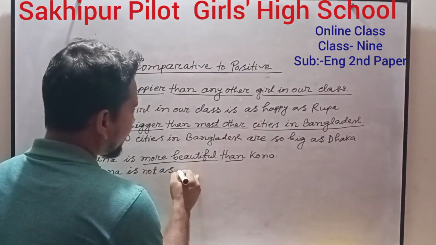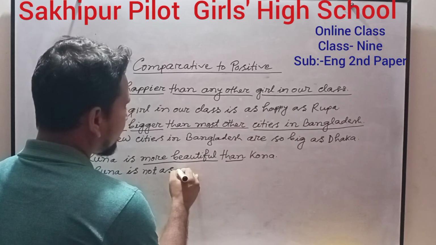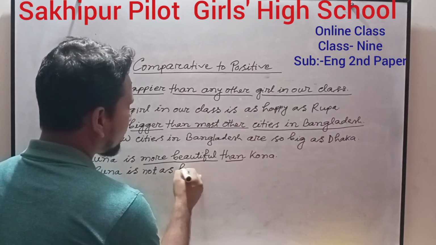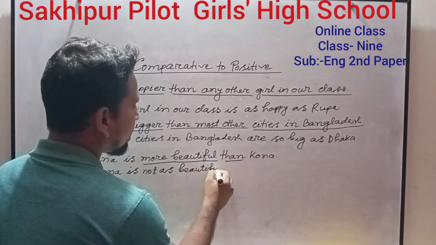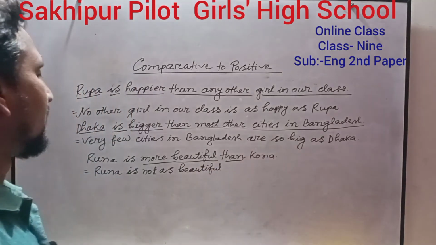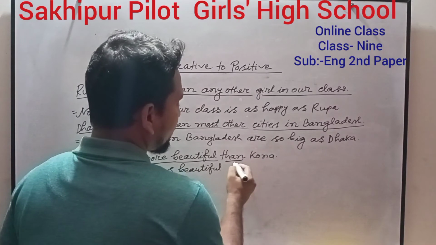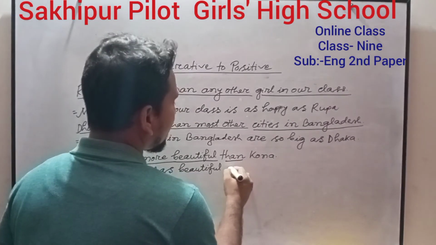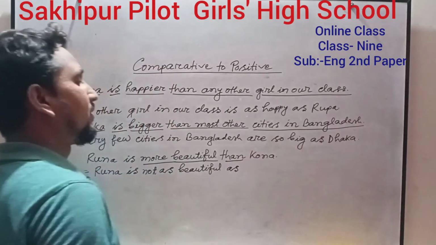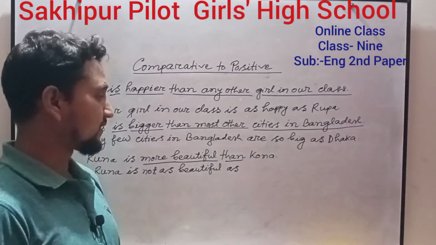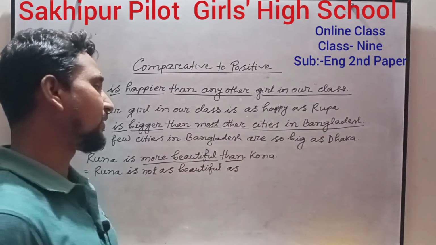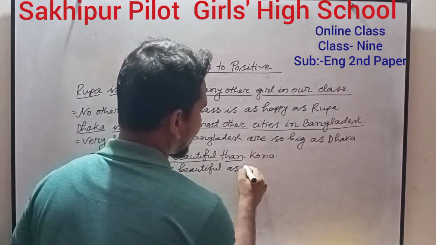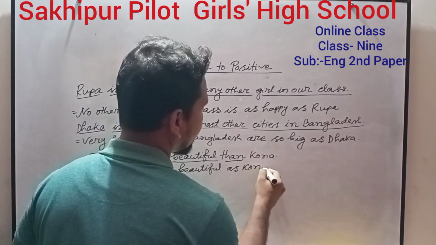Then you have to write the positive form of adjective, beautiful. Then you have to write the feature of positive degree, as, instead of than. Then you have to write the last noun or pronoun, Kona.